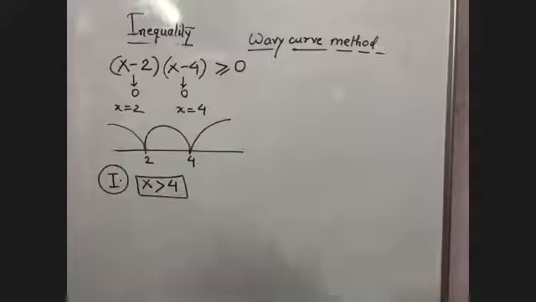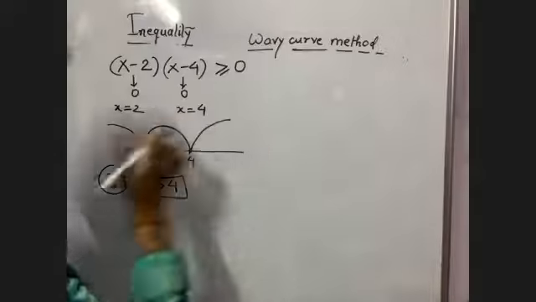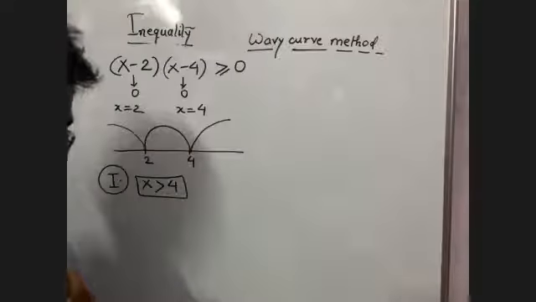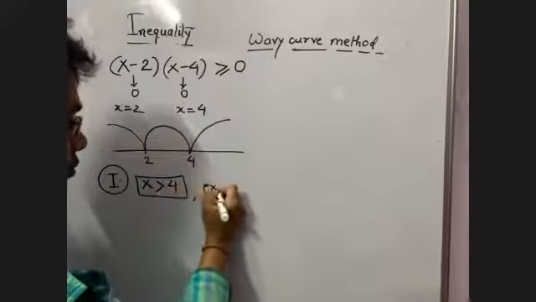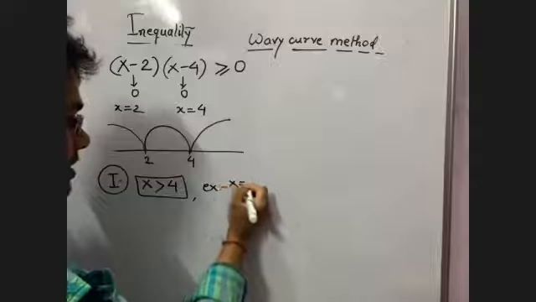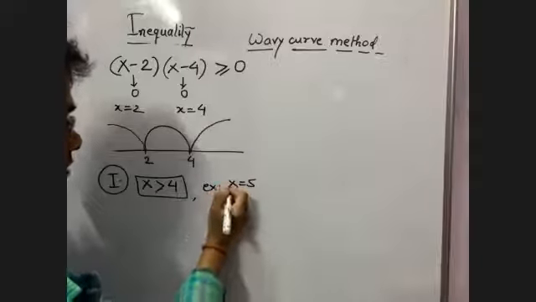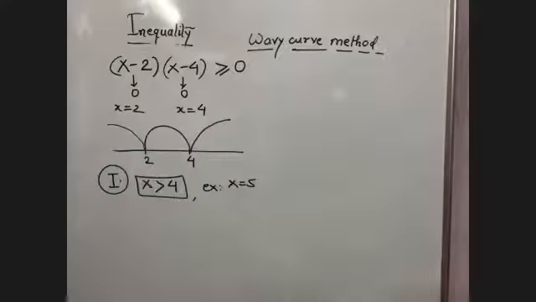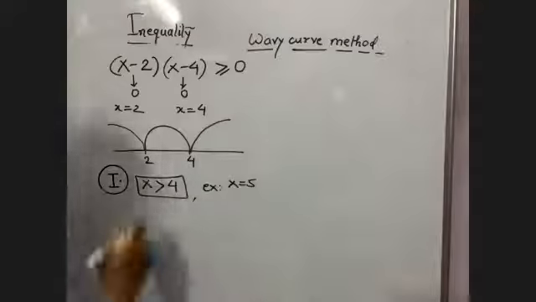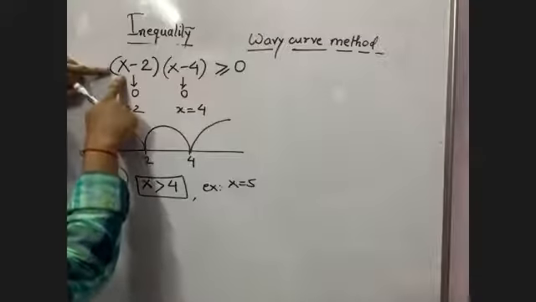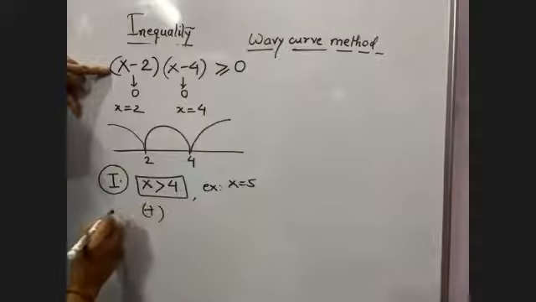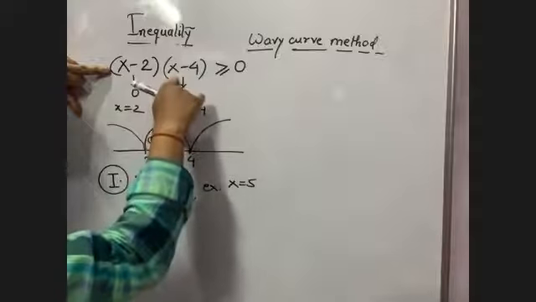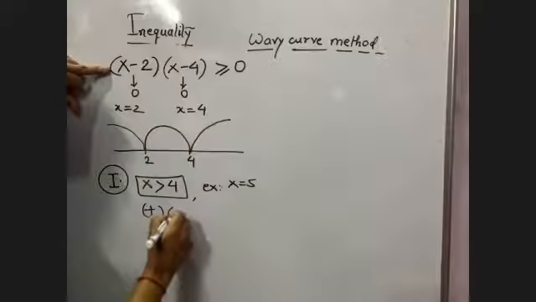Now, beta, if x is greater than 4, it is my first interval, first region. Take any number greater than 4. For example, I'm taking x equal to 5. If I put 5 here, 5 minus 2 is positive, and 5 minus 4 is again positive.